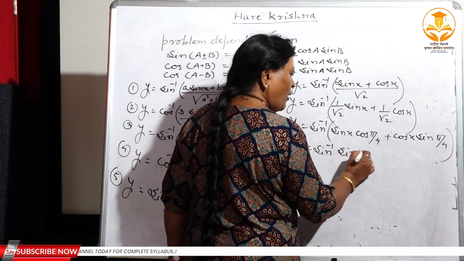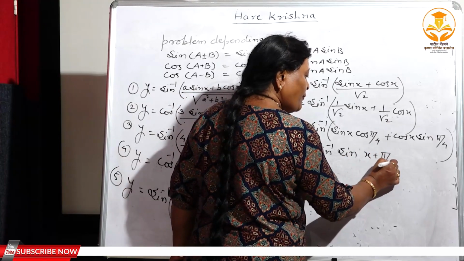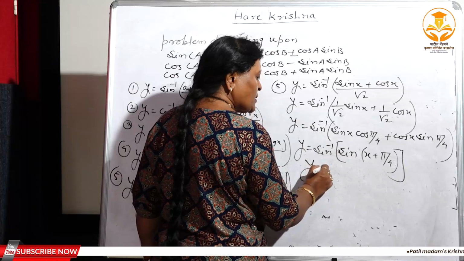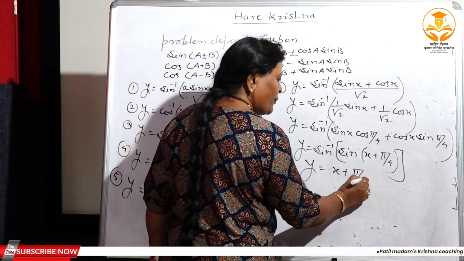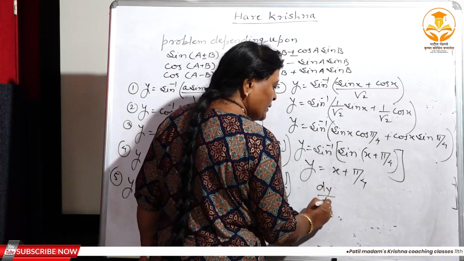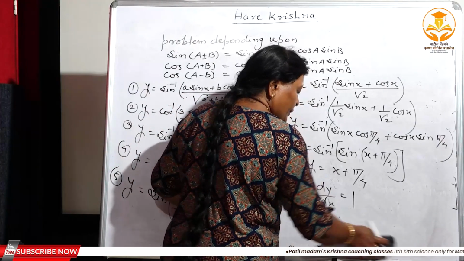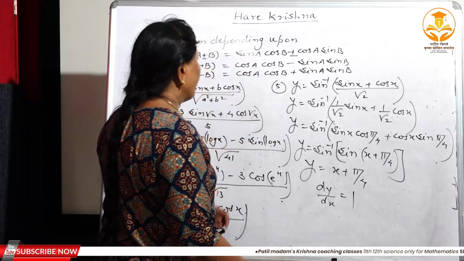This is the formula of sin of x plus pi by 4. Again, sin inverse sin get cancelled. What remains? X plus pi by 4. Therefore, dy by dx is nothing but 1. Isn't it? Therefore, the derivative of x is equal to 1.